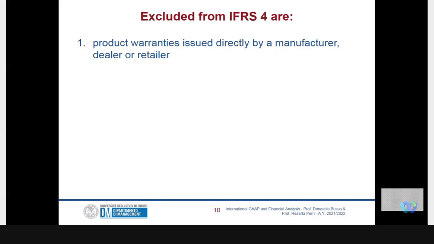So if the product warranties were not specifically excluded from IFRS 4, we may think that, wow, product warranties are insurance contracts. And you may be right, they fit and they fulfill all the criteria of the definitions. Product warranties relate to future events.